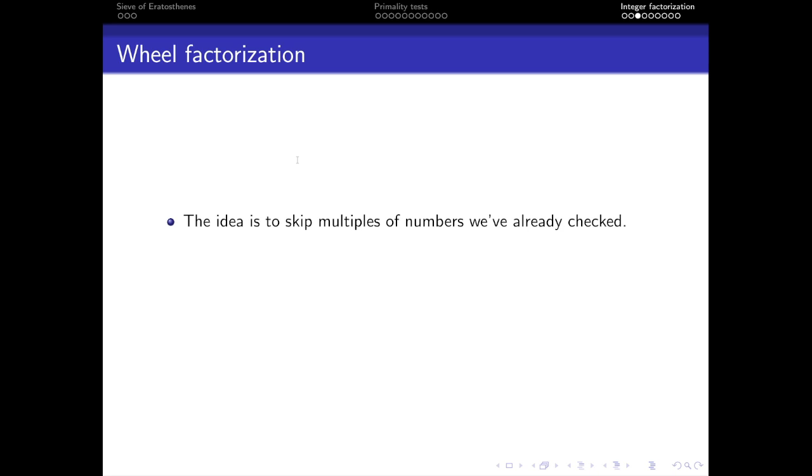There's a simple optimization you could do here, and it's basically to skip multiples of numbers that we've already checked. For example, if we are factoring all the powers of 2 out of the number at first, then we can later on skip all multiples of 2 because we know we've already factored out all of these multiples anyway.